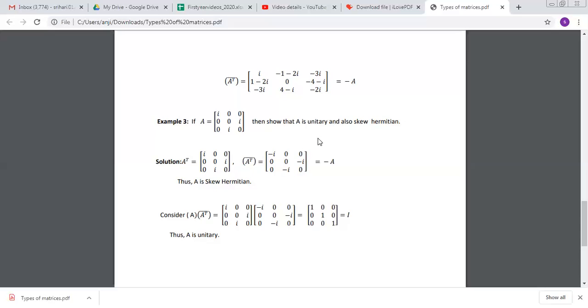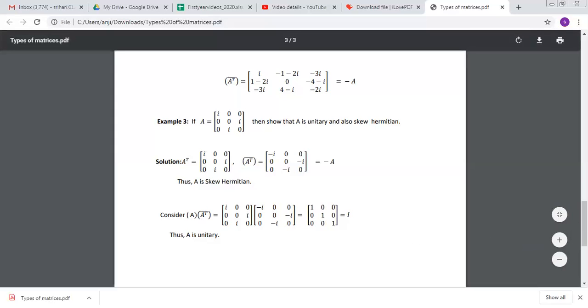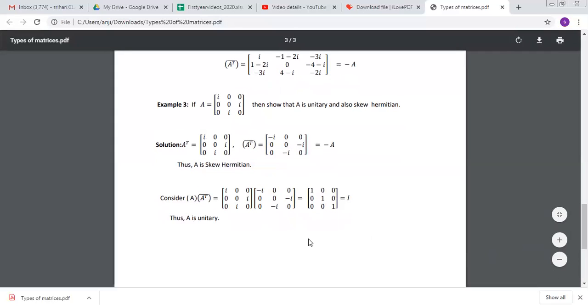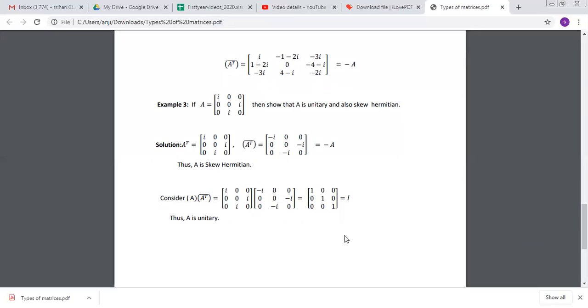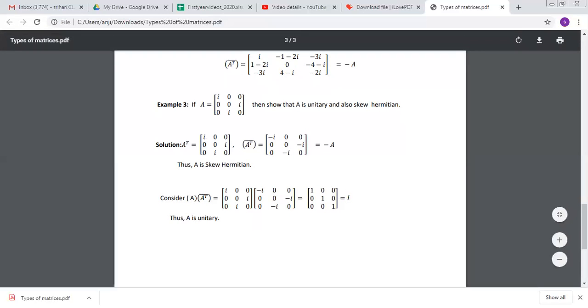For unitary, what do we have to check? A^θ A or A A^θ. So consider A A^θ. This is our matrix A and A^θ. The multiplication of these two matrices gives I. Similarly, you calculate A^θ A. That also gives I. Therefore, the given matrix is unitary.